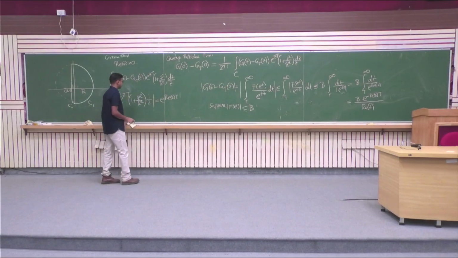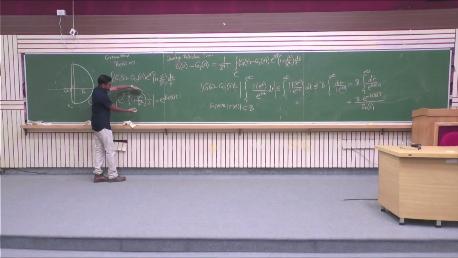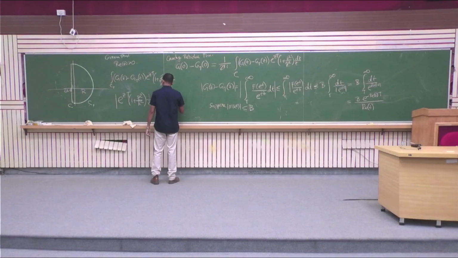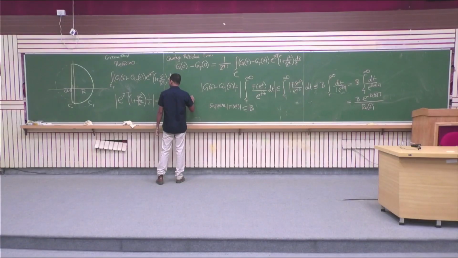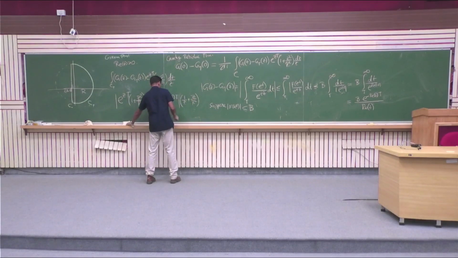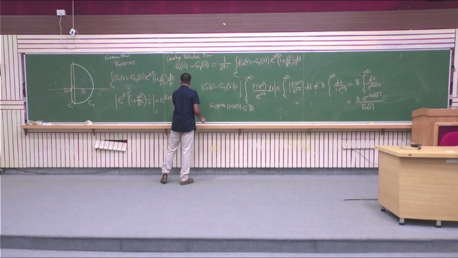Now you multiply that inside. You get here z by r squared, and here it is just 1 by z. So you have 1 by z plus z by r squared.